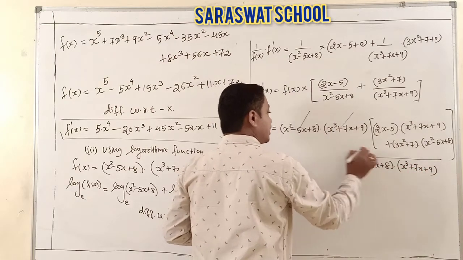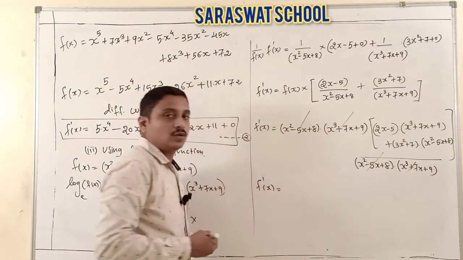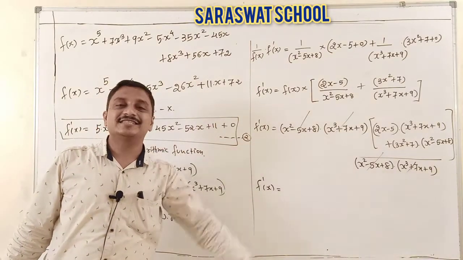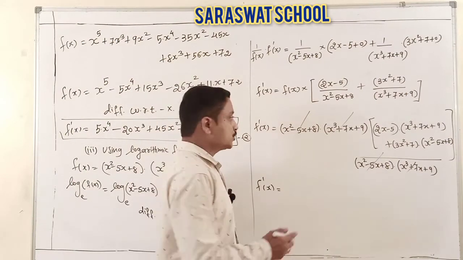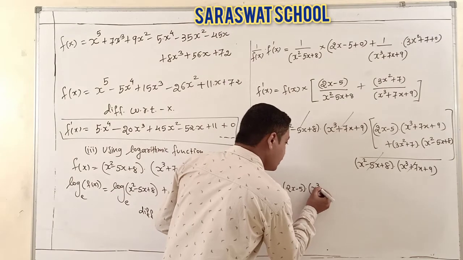Students, these two are cancelling, and the other is as it is. What is the as it is? The other is as it is, I just expand, you get the same answer. So students, the remaining is as it is.